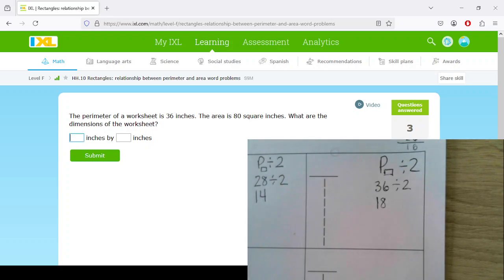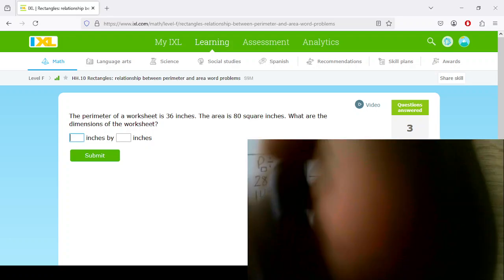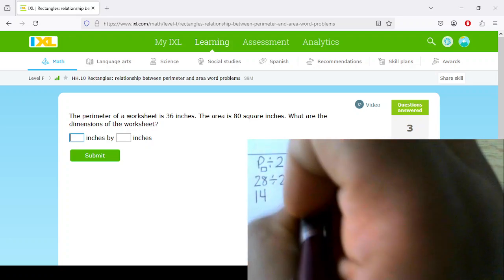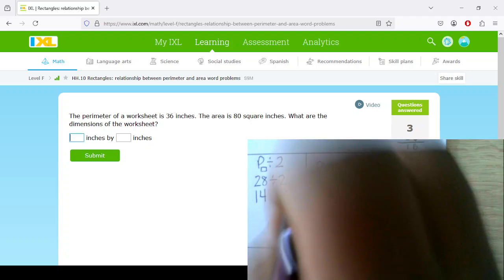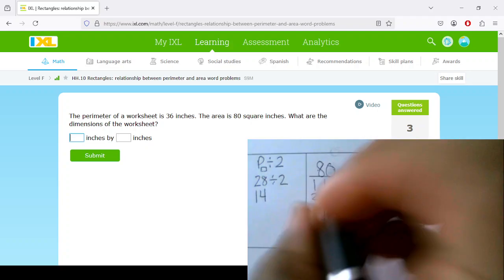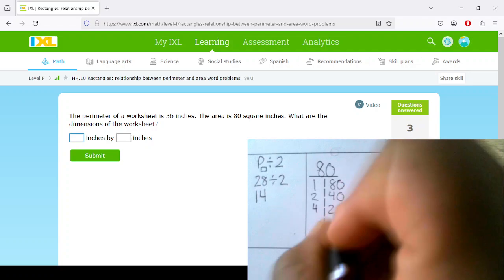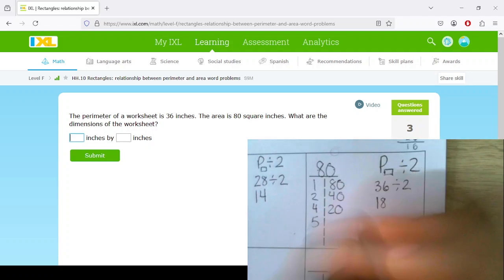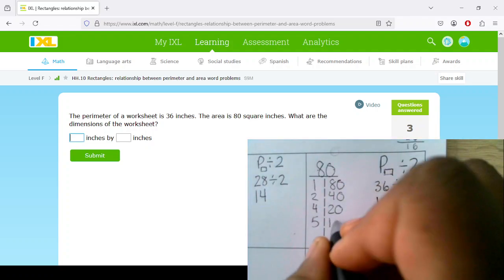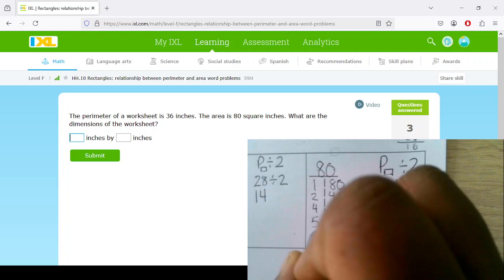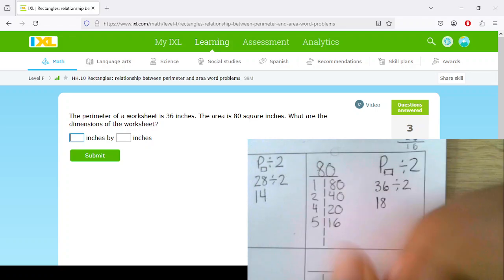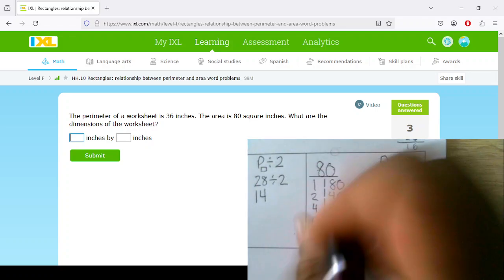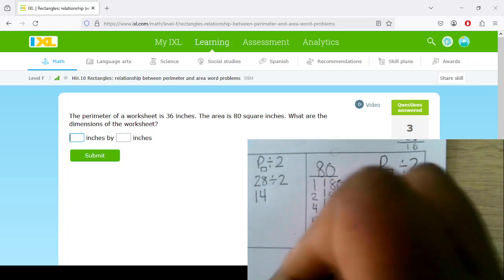The area is 80 square inches. So it's going to be 1 and 80, 2 and 40. 3 is not on the list because the digit sum is 8. 4 and 20. 5 and 16. 6 is not on the list because 2 and 3 are not on the list. 9 is not on the list because the digit sum is 8.